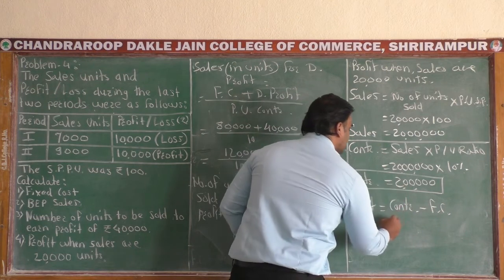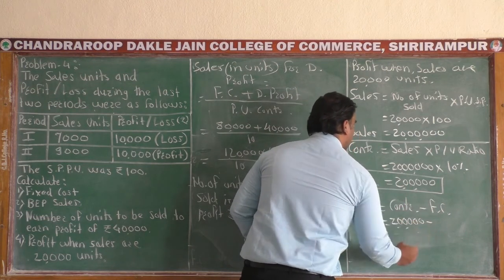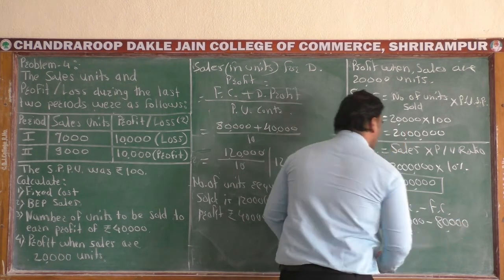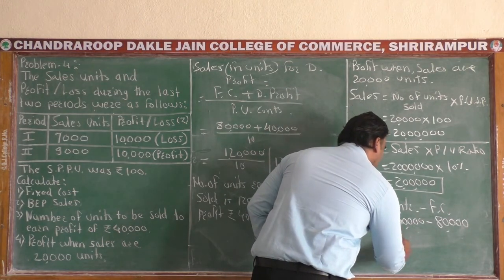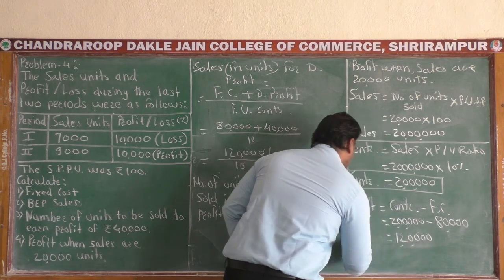Here contribution is 2 lakh less fixed cost, which is 80,000. So 2 lakh less 80,000 is equal to 1 lakh 20,000, which is the amount of profit.